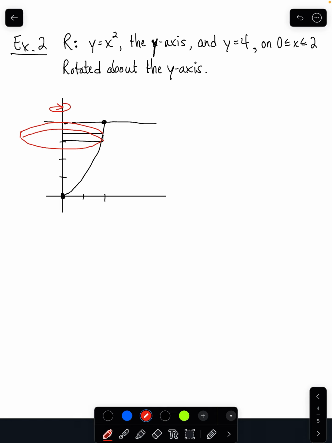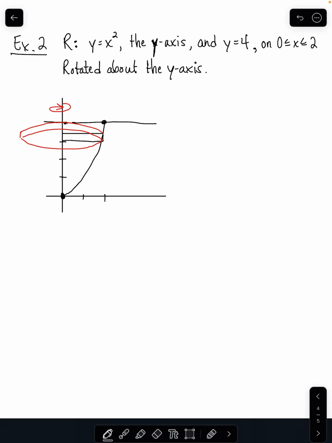In the subsequent lesson, we will find a way to deal with those cylindrical shells that I just described, but we don't have that just yet. And as we'll see, the cylindrical shell method may not be our favorite method of dealing with it. So it's nice to know that we have the option. For right now, this is our only option, to create our disks, but to do them with regard to y.